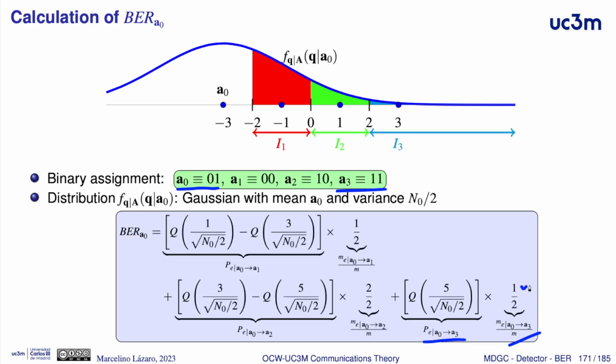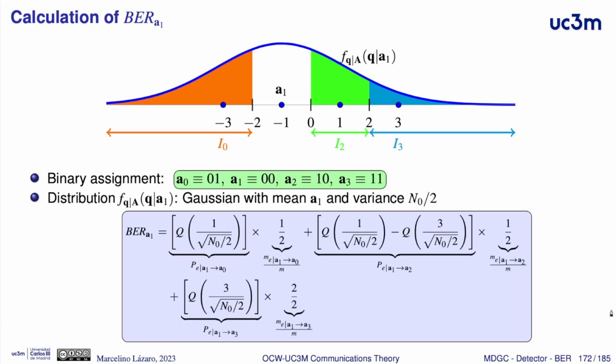Therefore, we have an erroneous bit over 2 bits in this term here. These 3 symbol error probabilities can be obtained easily with the Q function and correspond to the red area, green area, and cyan area in this picture over here.